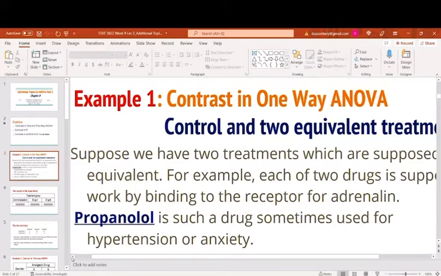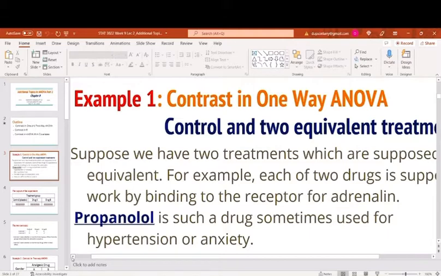If we want to know where the difference lies, we normally consider what we call a post-hoc test. The post-hoc test is a multiple comparison test, where you have the opportunity to compare the levels of the treatment on a head-to-head basis.